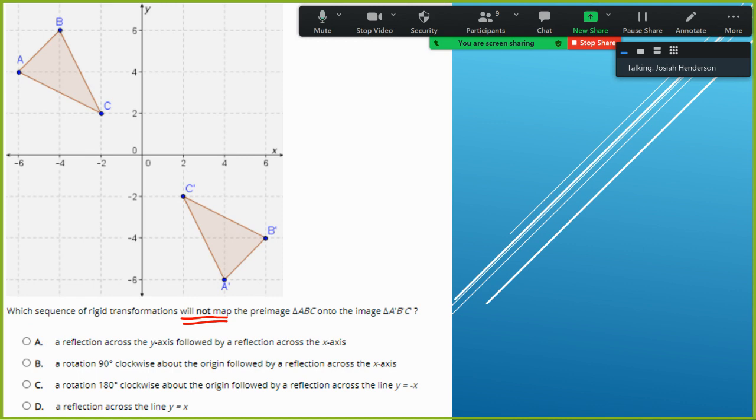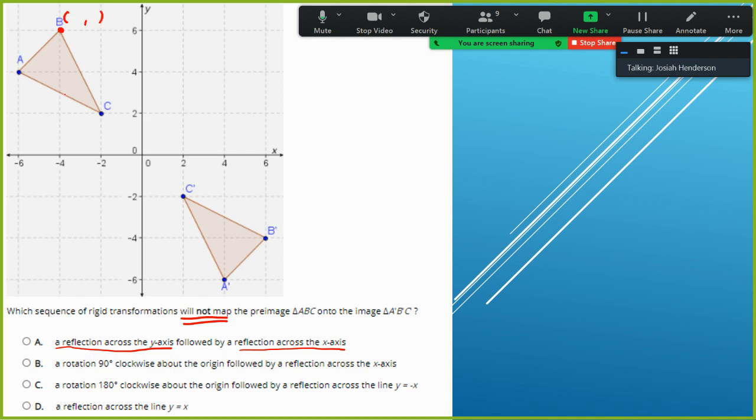So option A, a reflection across the y-axis followed by a reflection across the x-axis. Let's track this for just one point. I want to do these 2 transformations and see if it gets me from my original point to my ending point. Let's try tracking point B. Looking at my picture, point B is at, what's its x and what's its y?